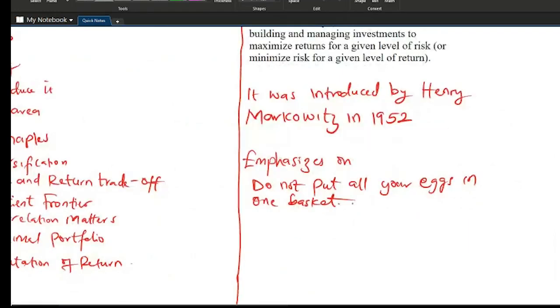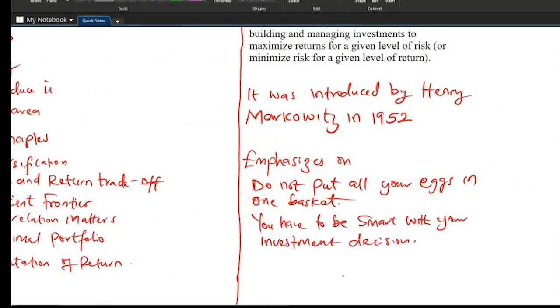However, when you are spreading your eggs, you have to be smart, which means that if you are combining different types of portfolio, you don't just scatter your money, but you have to check how those portfolios relate with each other so that you can balance, right? Because every investor wants some level of efficiency.